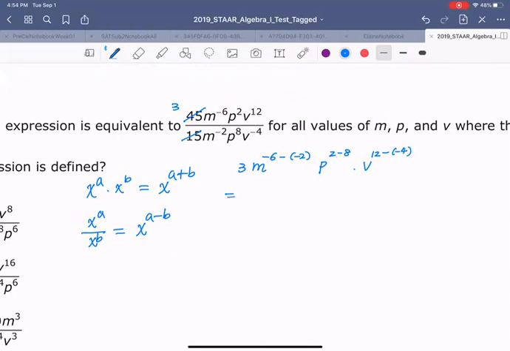First do this. What I have right now is 3m squared p squared v to the power 4 over m to the 6th power p to the 8th power v to the 12th power. So this is 3m to the power -4, p to the power -6, v to the power positive 16.